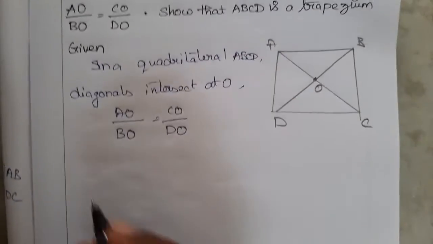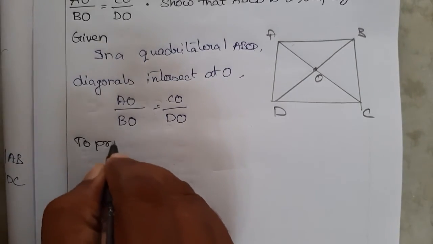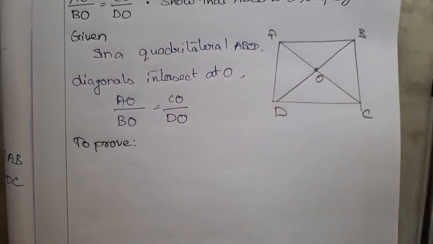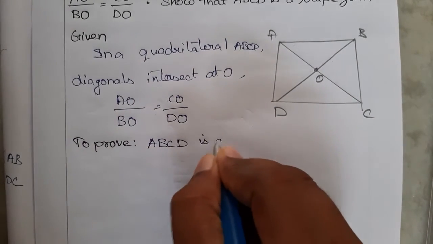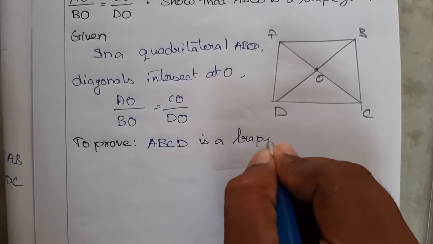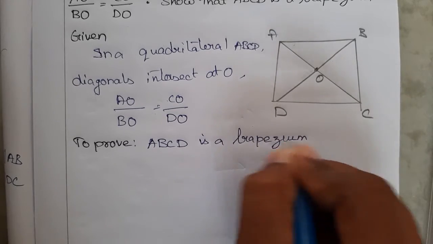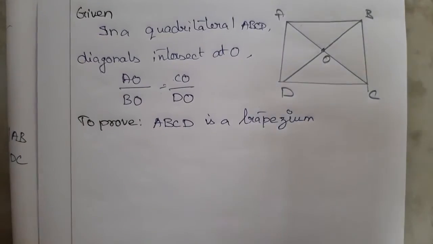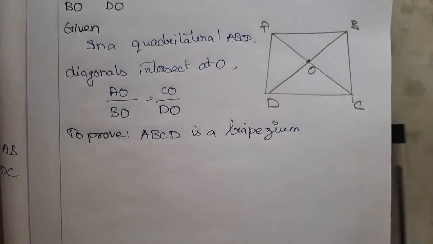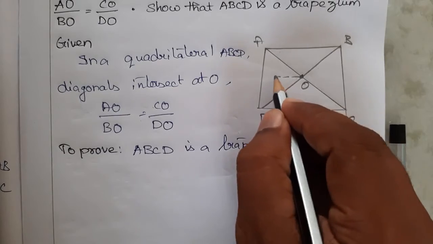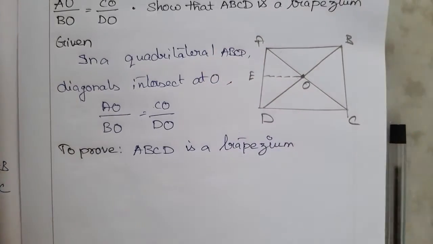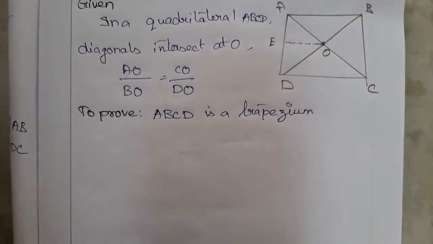So what we have to prove? To prove is ABCD is a trapezium, right? So we need to construct one parallel line. So let me construct the parallel line from O to E. In the last problem we didn't use the F, so this is enough.